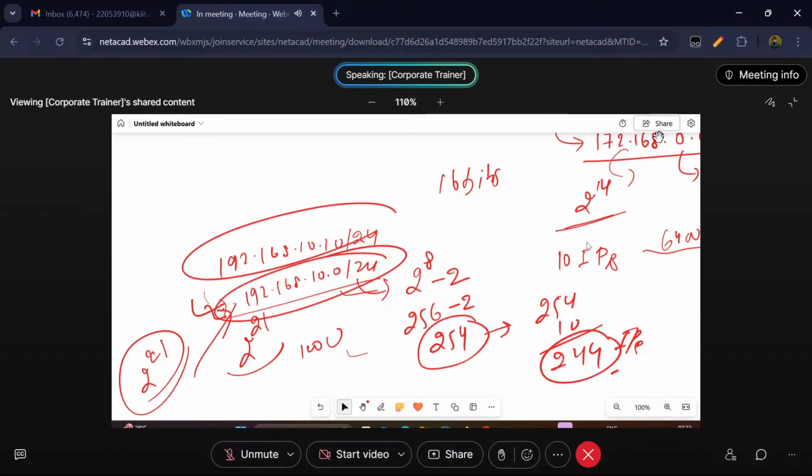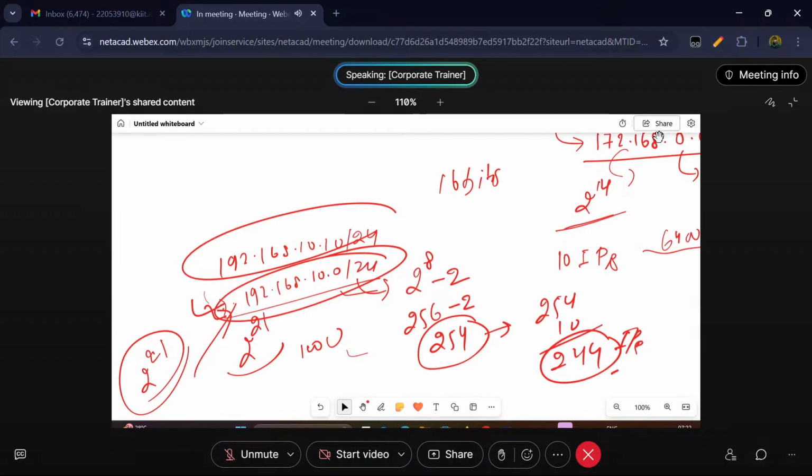No, it is not possible. Definitely you can reduce the wastage, but it cannot be reduced to 100%. Make sure of that. Okay, so let's start with some examples and we'll understand that. There are some formulas for calculating the subnetted network, so you have to write them down, and accordingly we'll move ahead with different problems.